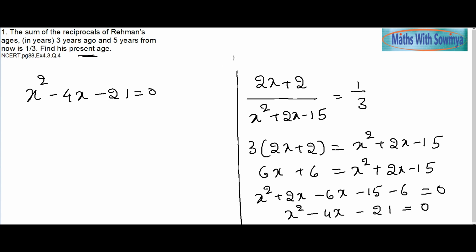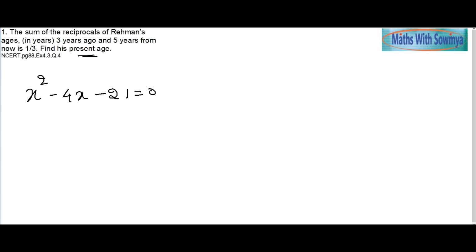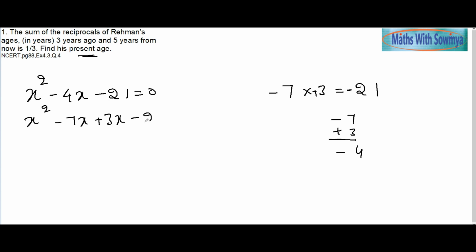So here 7 into 3 we can do easily. 7 times 3 is 21, and minus 7 plus 3 gives us minus 4. So X square minus 7X plus 3X minus 21 equals 0.